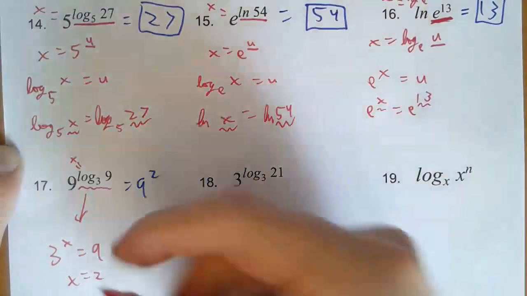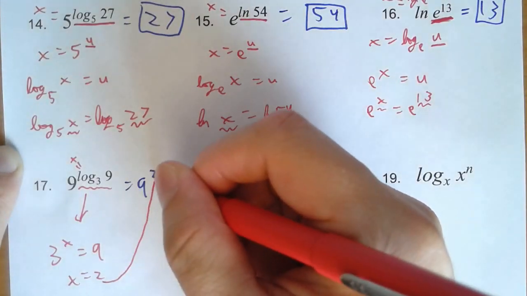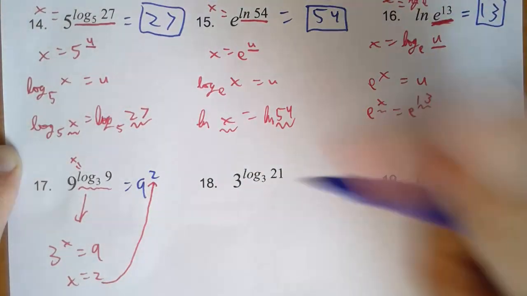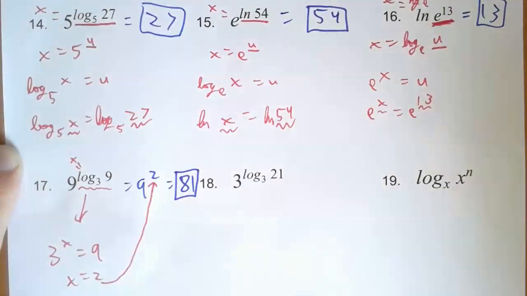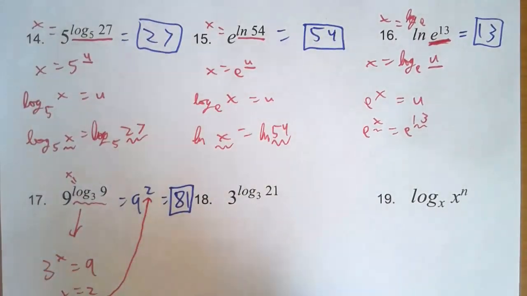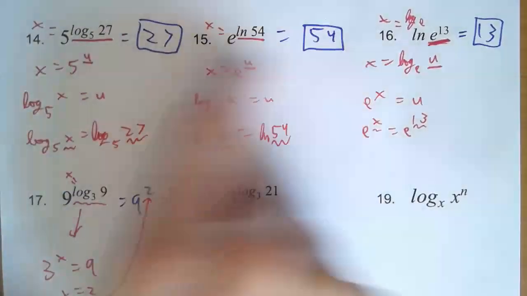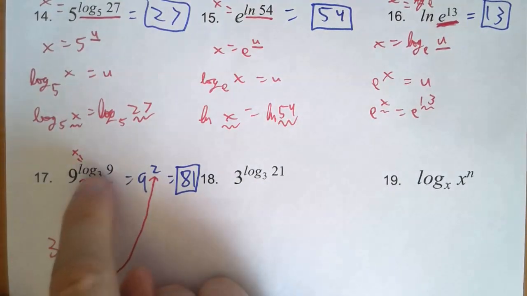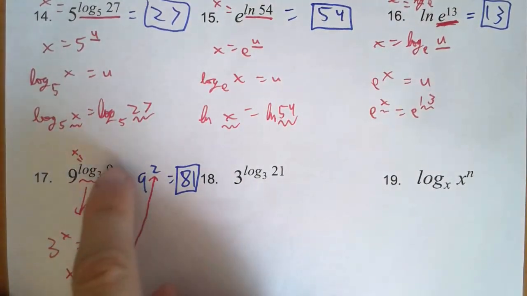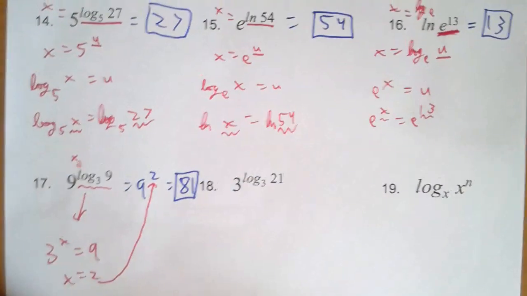So what I'm looking for here is 9 squared, which is 81. Just don't let us trick you here. Some of these are going to be silly questions where the log and the exponential cancel each other out. Some of them are just going to be two-step questions, where you find one part of the problem first and then find the rest of the problem.